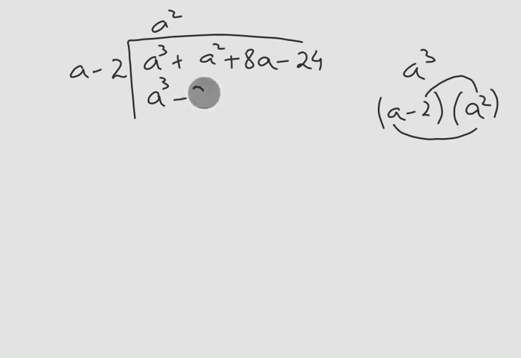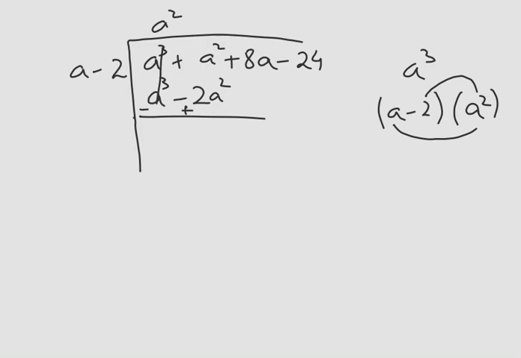and minus 2 multiplied with a square, we will get minus 2a square. So remember, the variables should be the same. The powers should be the same, it should be written below it. Now here again change signs, minus first, and it will cancel.